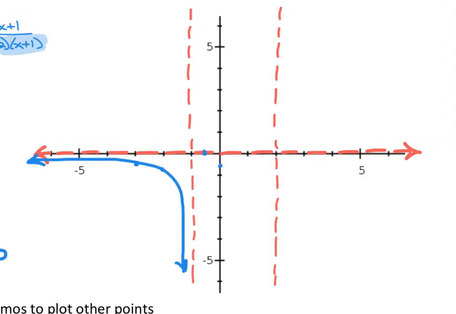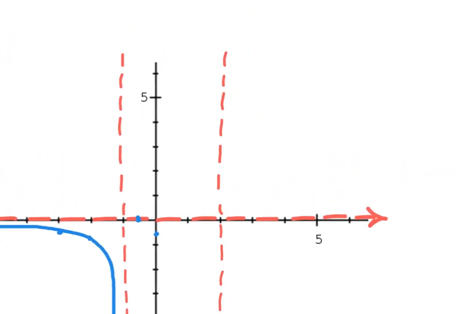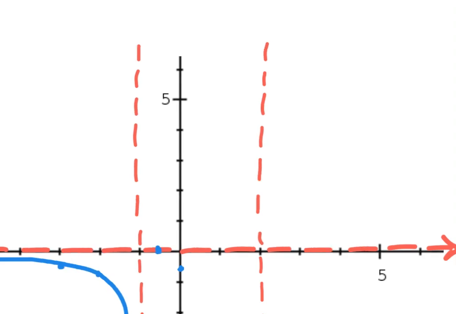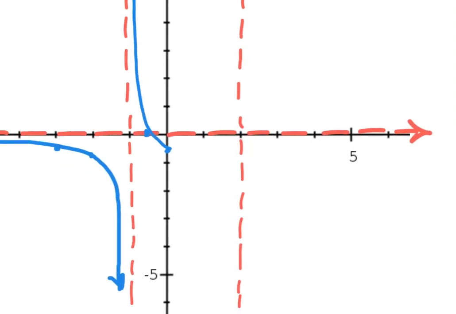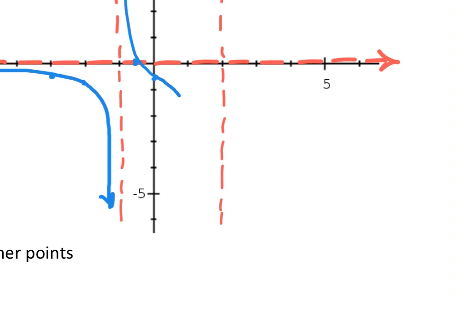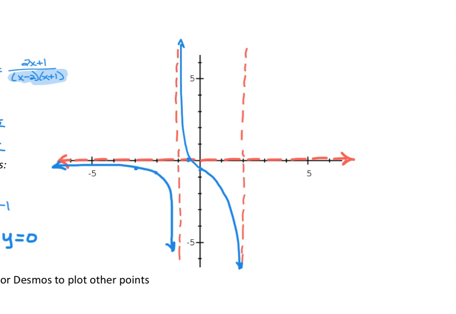And then in the middle section, the only 2 points I have are the x and y intercepts. So I'm going to look at the graph in Desmos for the shape, but it basically ends up doing this toward the asymptotes.